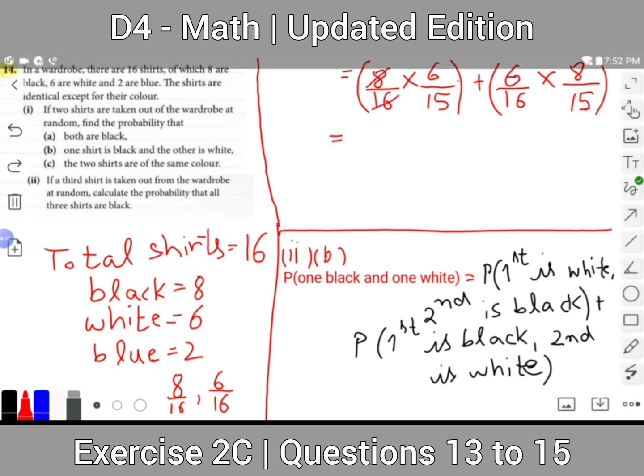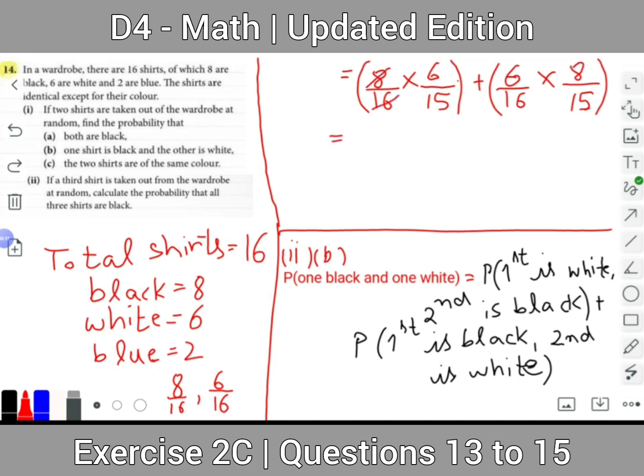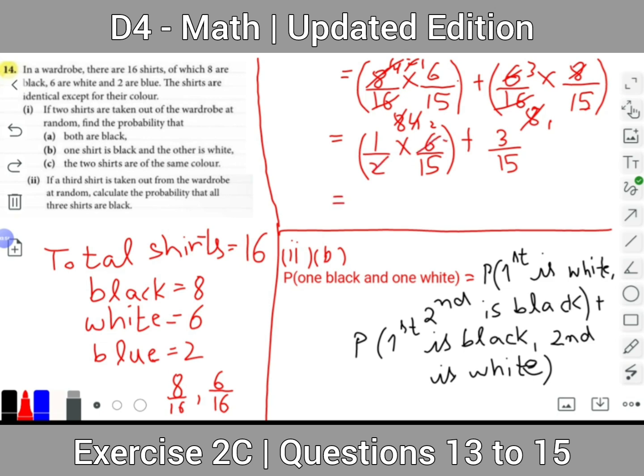So here we have 2 4s are 8 and 2 8s are 16. Further simplification gives us 2 over 4, and further simplification gives us 1 over 2. So here we have 1 over 2 multiplied by 6 over 15 plus 2 3s are 6 and 2 8s are 16, and from this 8 cancels with 8. So here we have 3 over 15, and here after cancellation we will also get 3 over 15.